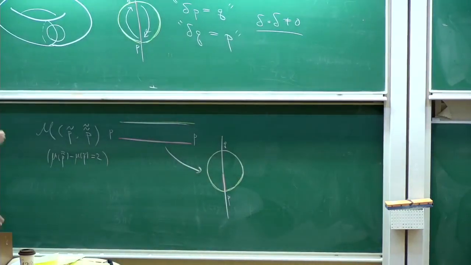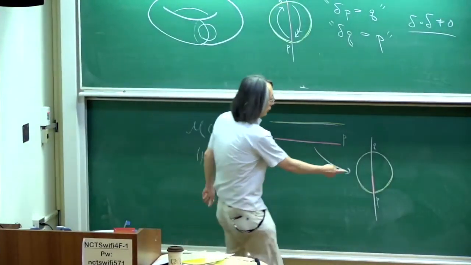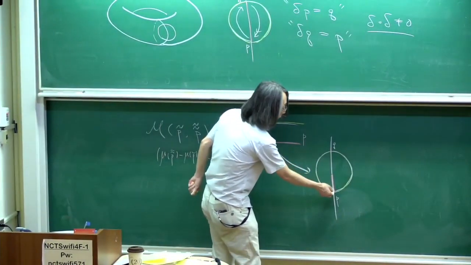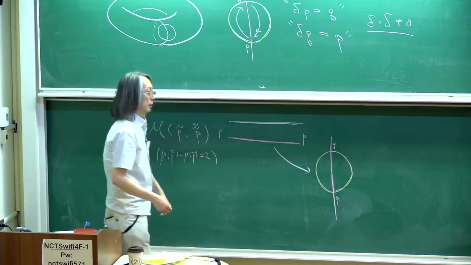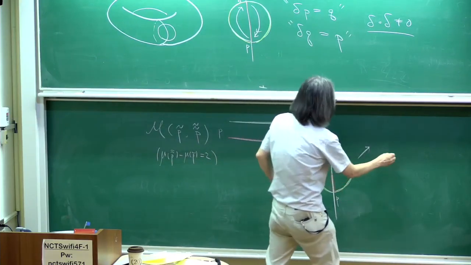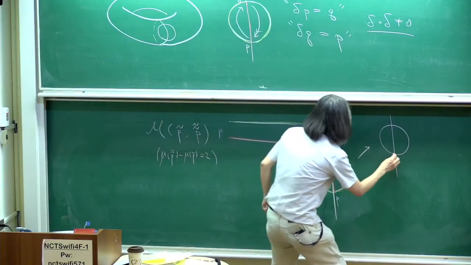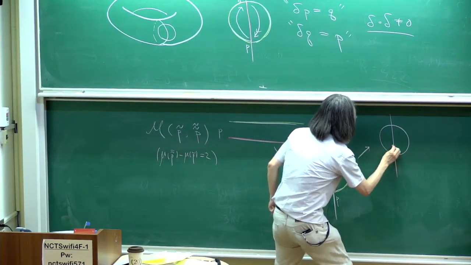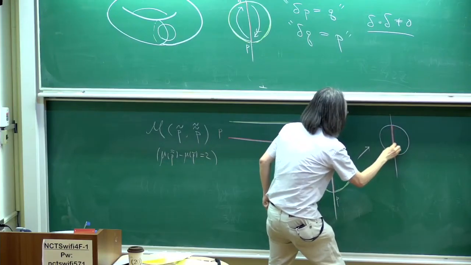And so apparently it has a one-dimensional freedom. So this point can be anywhere. So therefore, it can just reach to the Q, or maybe just shrink to the point P. So there are two extremal cases. So one is, this one actually splits into two things. Just going here, and then coming back like this.